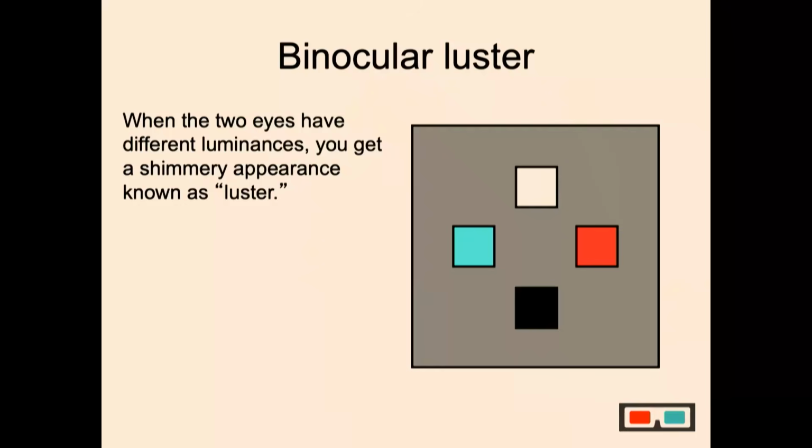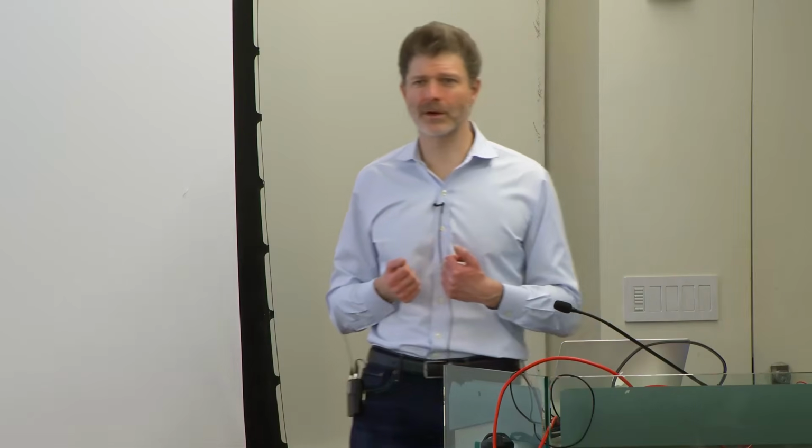In this particular case, the two middle squares, the one on the left and the one on the right, will generate different luminances in the two eyes because one is bluish and one is reddish, and so they'll be filtered differently by the glasses. And you should see those as having a funny, shimmery appearance. Okay. Does that work?